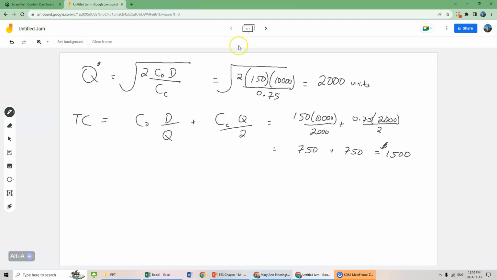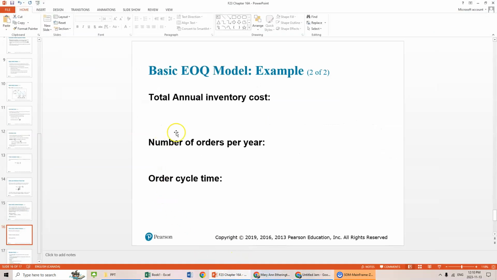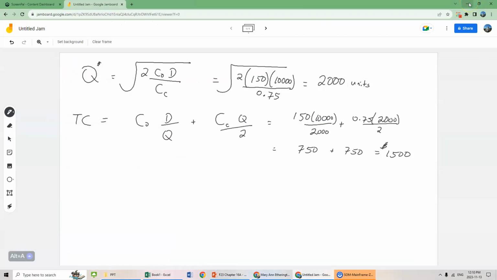We can also calculate, let's go back to our PowerPoint slides here, the number of orders per year and the order cycle time. Orders per year will be annual demand over what we order. So 10,000 divided by 2,000, we have 5 orders per year.